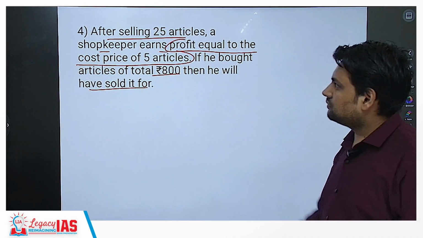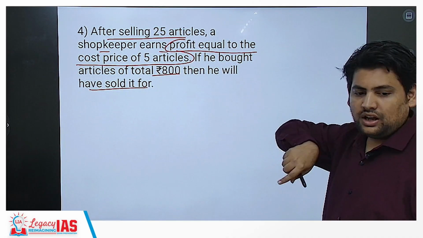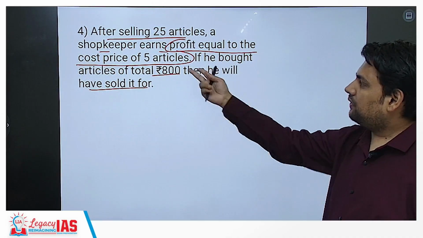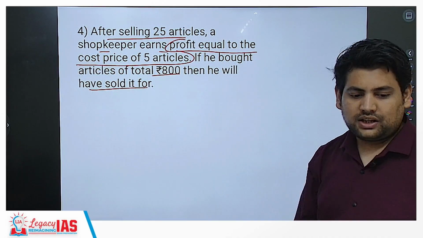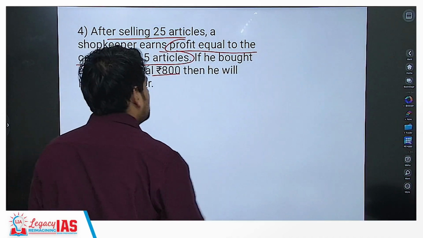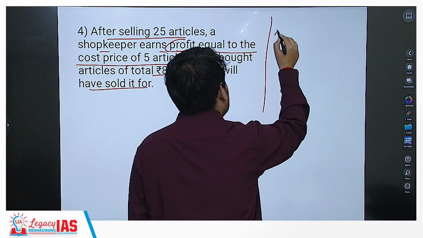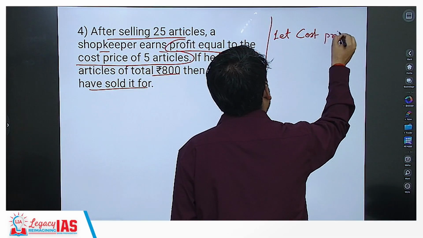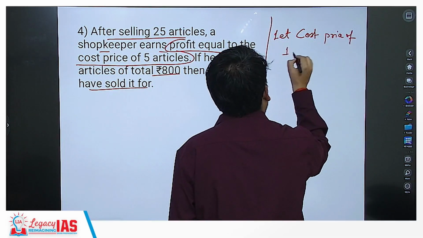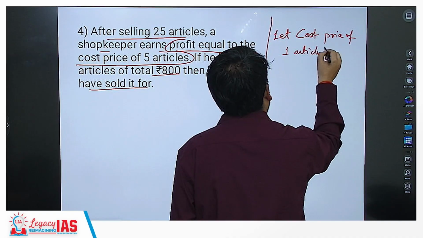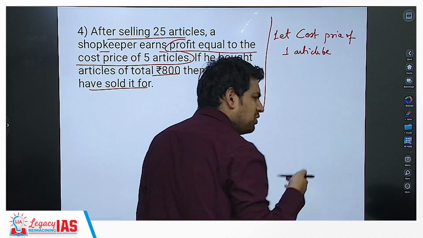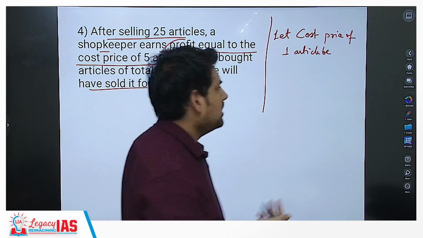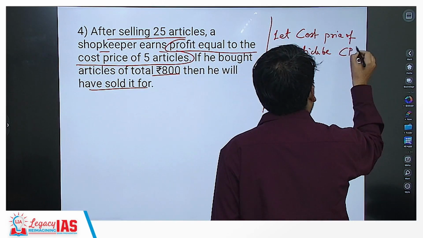You are selling 25 articles and then the profit is the cost price of 5 articles. The process is very simple. You can remember it like this only. Let cost price of one article be, you can assume it to be 1 rupee also, that is one method, or you can assume it to be CP.